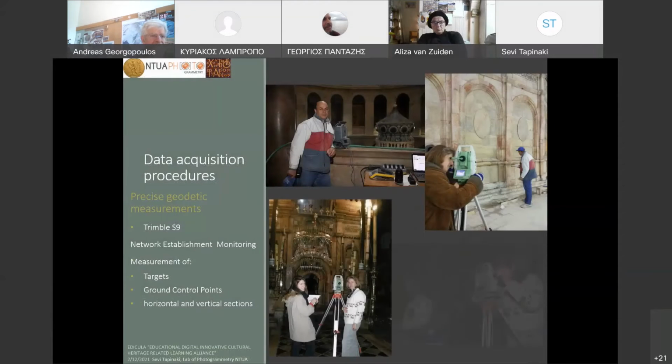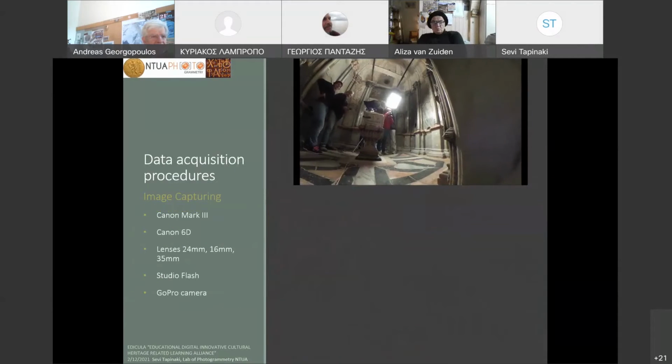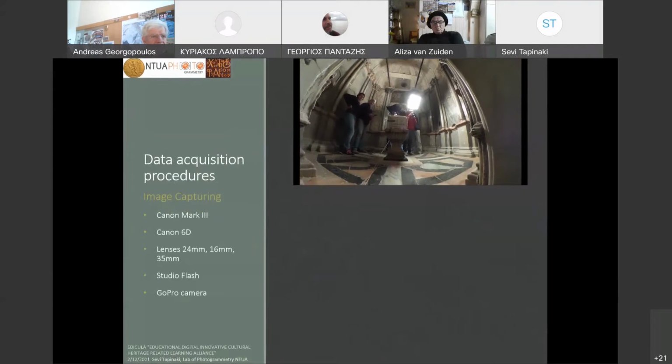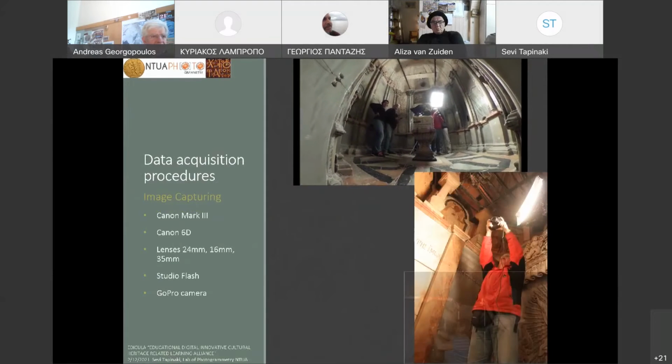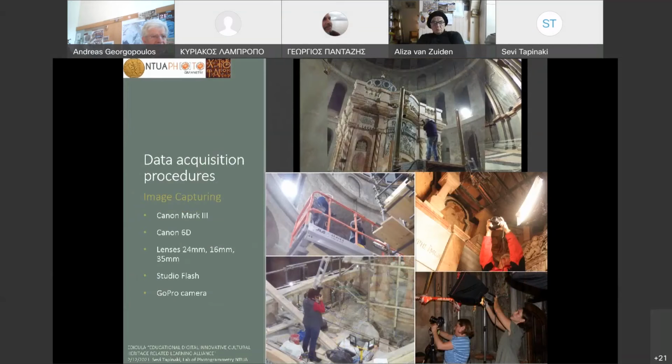Data acquisition procedures included precise geodetic measurements that Mr. Georgopoulos just analyzed in the previous presentation. Image capturing with two DSLR and one action camera, various lenses, and for the interior, we used studio flash.